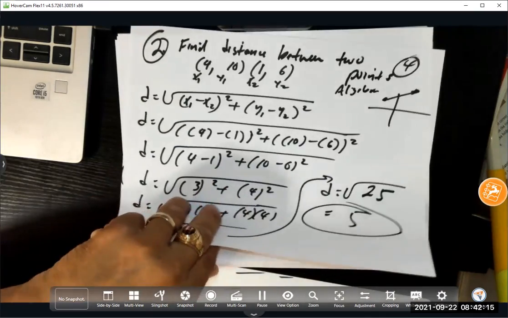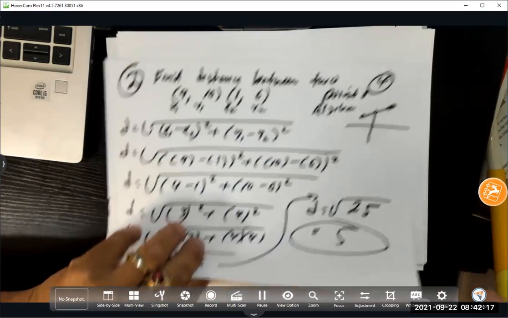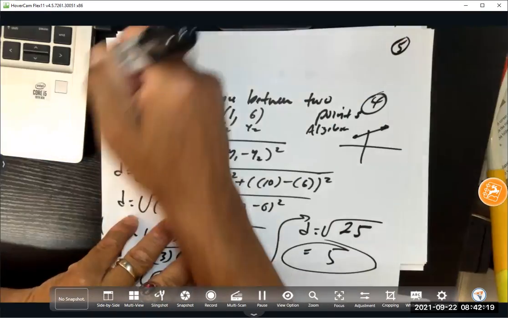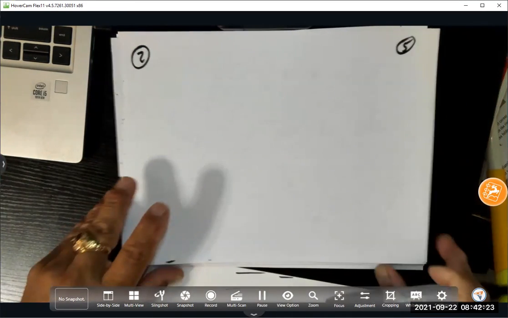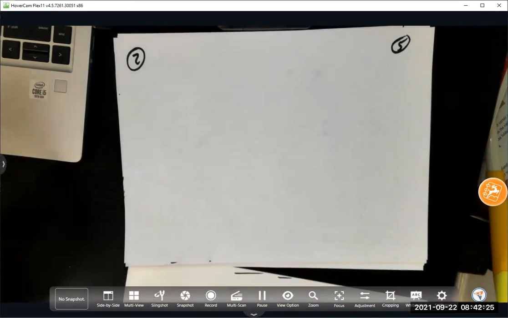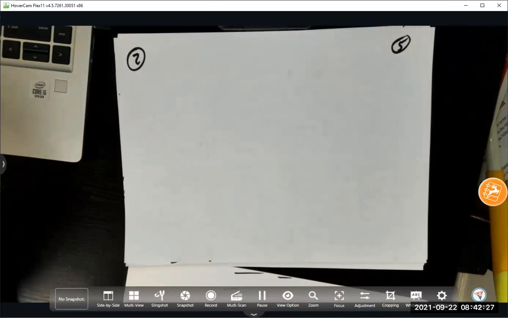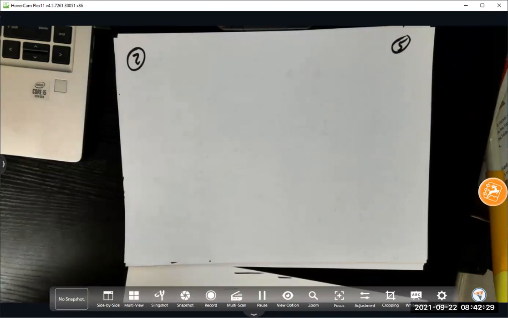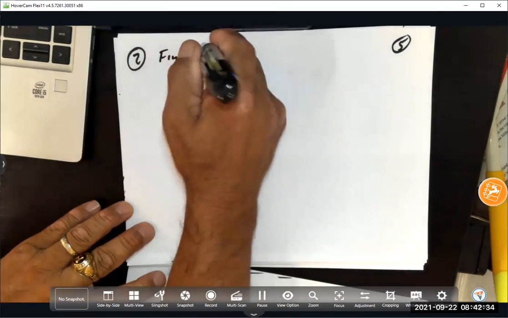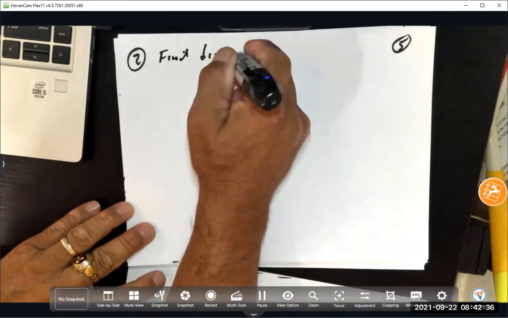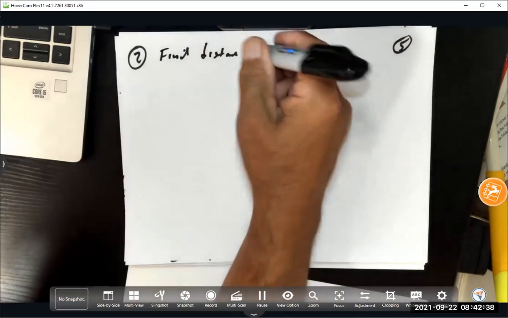We do question number 2 again, one more time, okay? Page number 5. I'm going to do question number 2 again. Same problem. I'm just going to change the numbers, okay? All right, let's say it says find the distance. I know I just put the points.